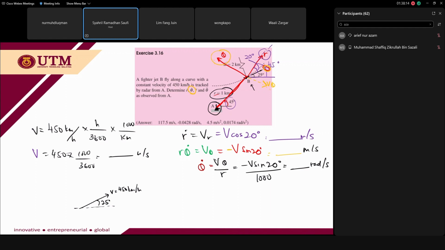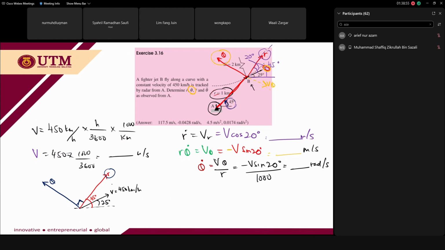In order to draw this R, it should be along the same line as the distance from A to B. So this is your R, which is 45 degree. Since theta is 90 degree to R, following this direction is the direction of theta. This is your theta, 90 degree.